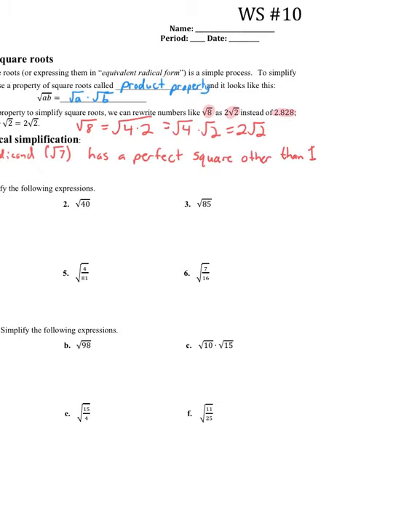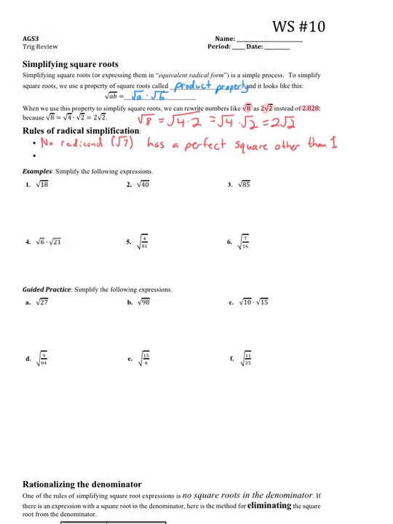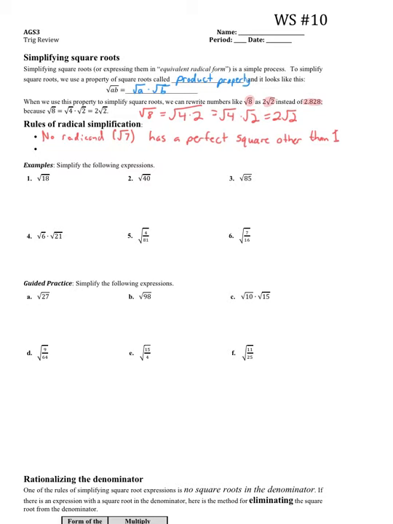That's one rule of radical simplification. We simplify and then we find out, hey, they don't have any perfect squares left except for 1.